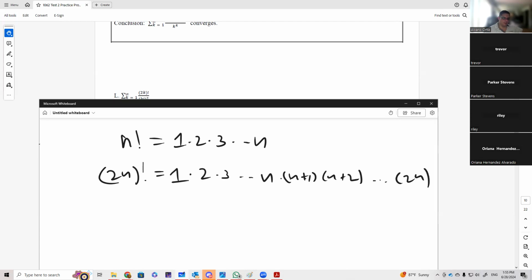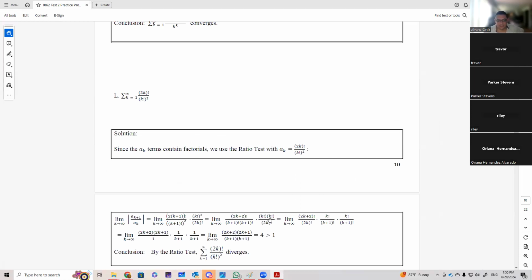So it continues going. It might get even more confusing when you do 2n plus 1 factorial. But what you gotta check is that those things are correctly written when you're working here.